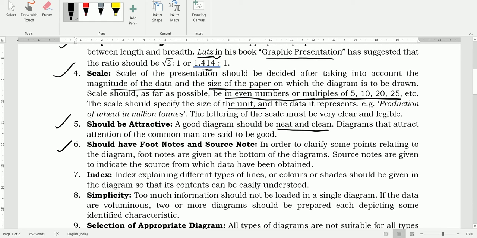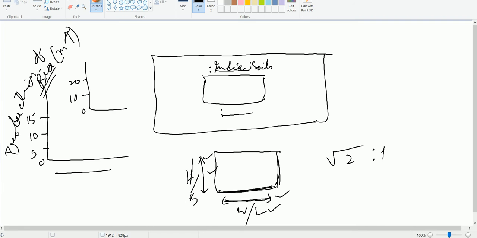Then a diagram should have footnotes and a source note. In order to clarify some points relating to the diagram, footnotes are given at the bottom of the diagram. Source notes are given to indicate the source from which the data have been obtained. So after drawing the diagram, you can give footnotes, just telling about the description of the diagram, or you can write the source also.